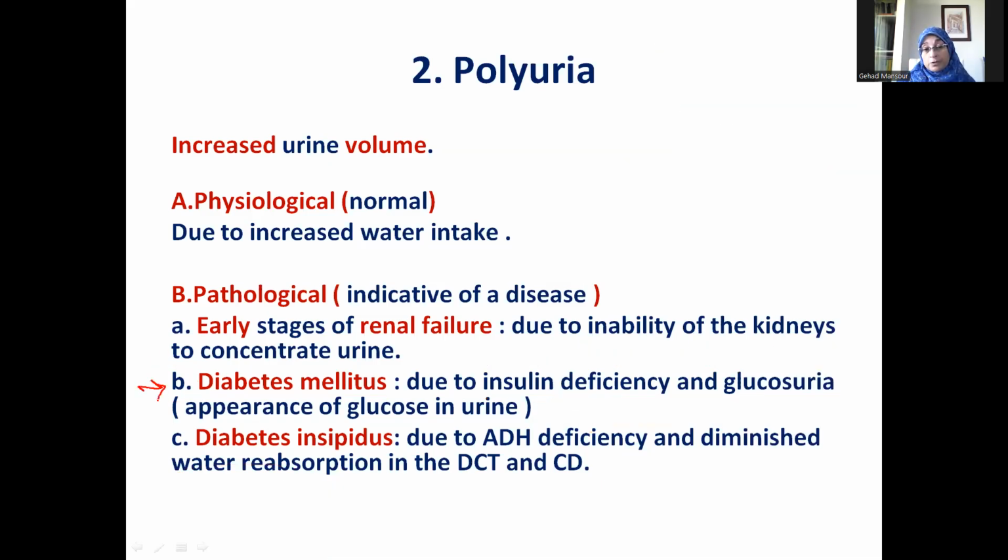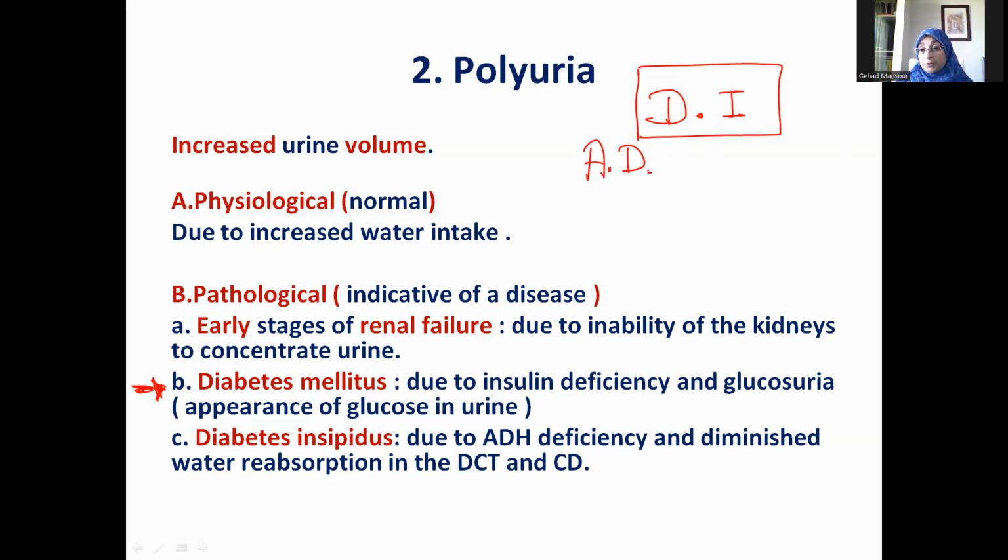The most frequent cause of polyuria amongst these three is diabetes mellitus, but we also have another diabetes that is very rare, called diabetes insipidus. Diabetes insipidus is also due to a deficiency in a hormone, but not insulin. It is due to a deficiency in antidiuretic hormone.